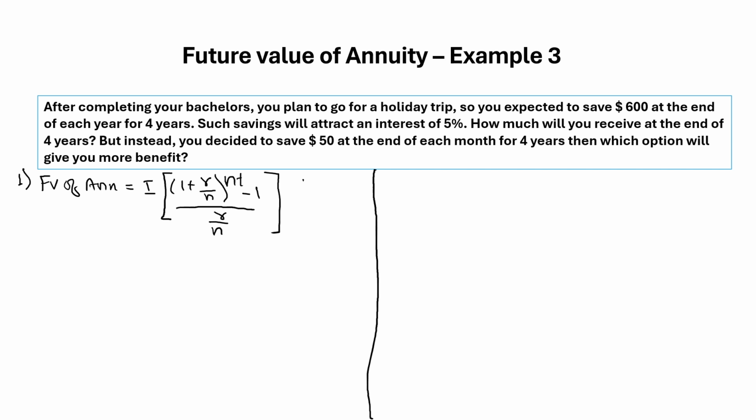What is my I? The first option I is 600. What is R? Rate of interest. What is the rate of interest? 5%. So it will come to 0.05.